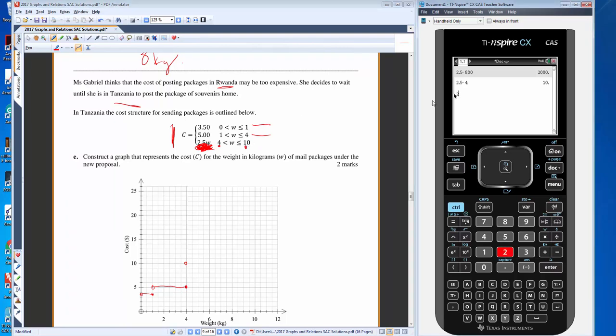So 2.5 times 10 is $25, which is up here, and we're going to close circle this. Hang on, that's not right. That's the weight 10, 25 here. It should be. Sorry, my mistake. Okay, so there.